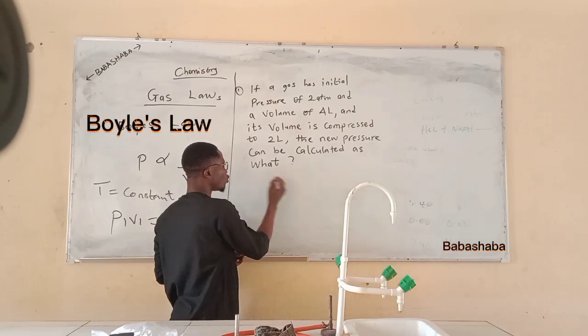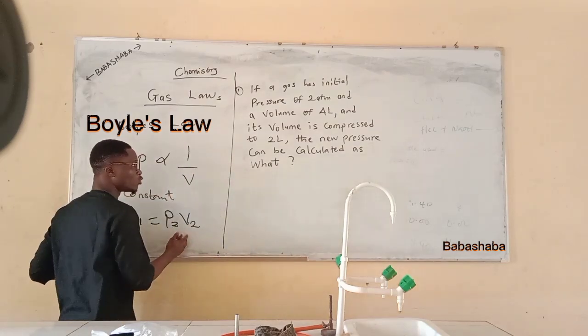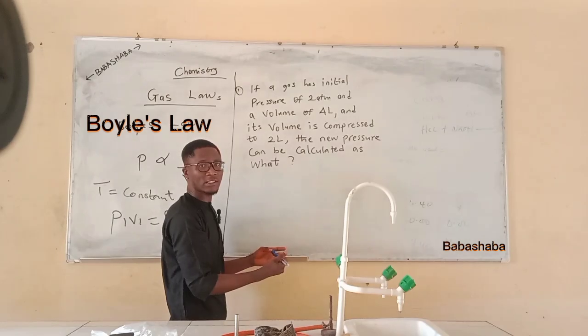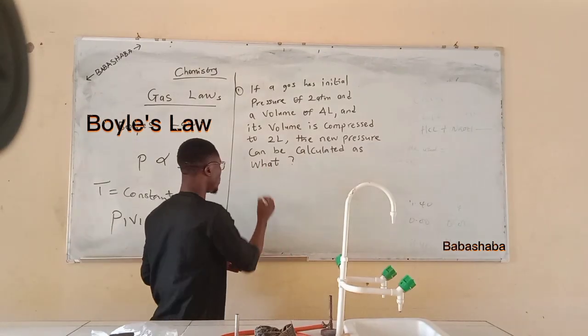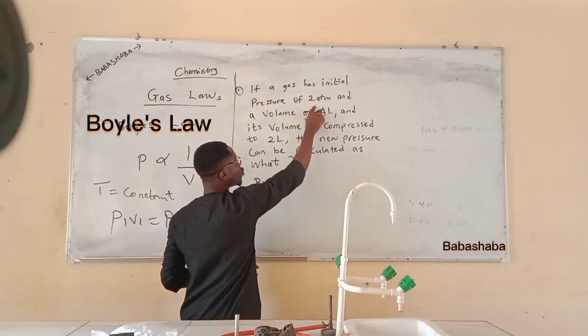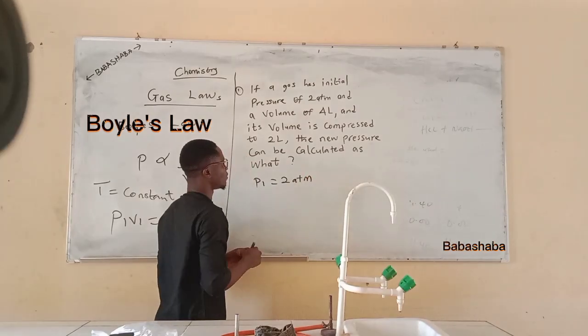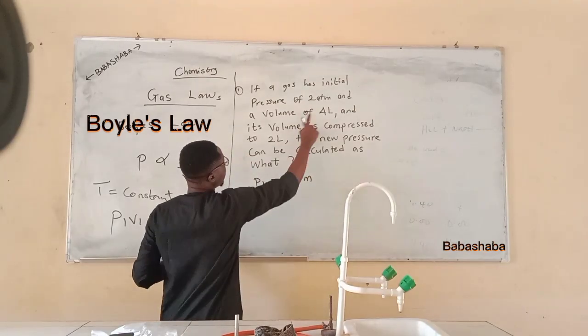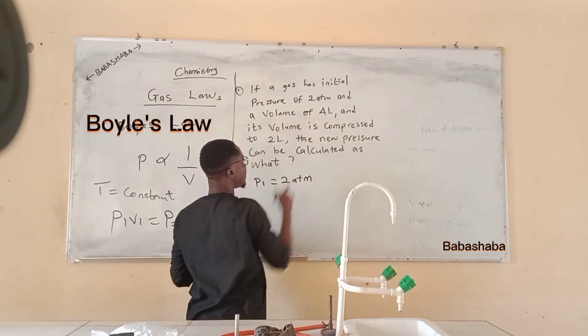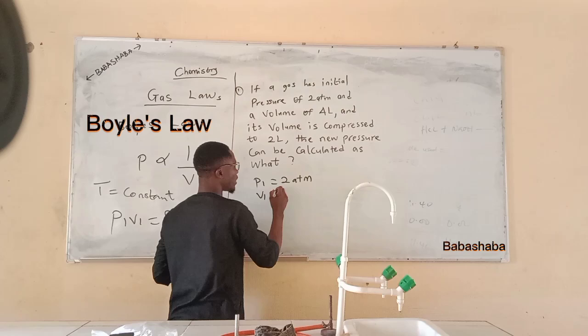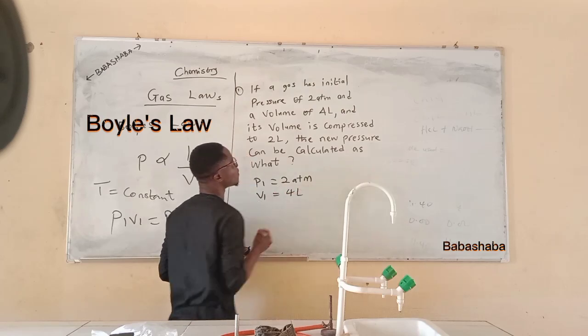This is the formula we are going to use here. You try to bring out your parameters given in the question. P1, you are given 2 atm. And a volume of 4 liters, V1, you are given 4 liters.